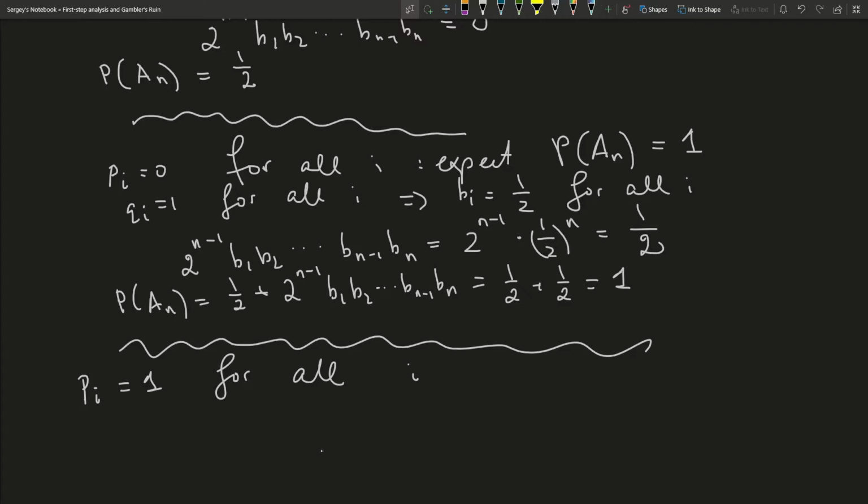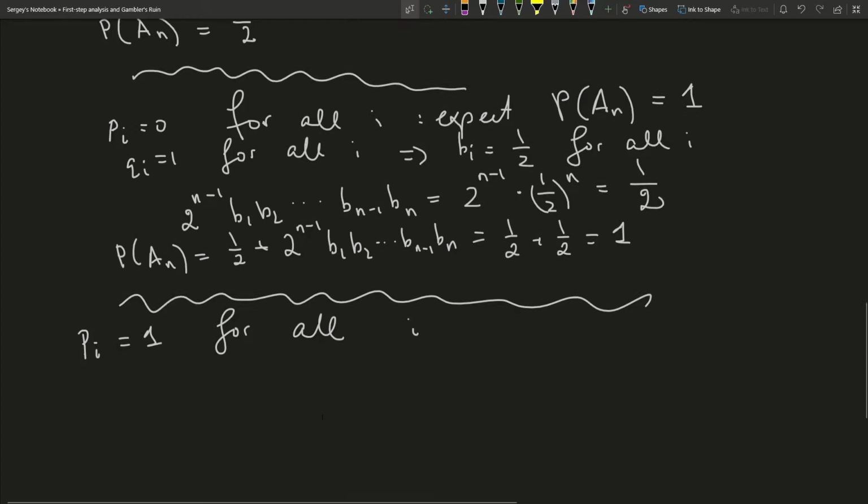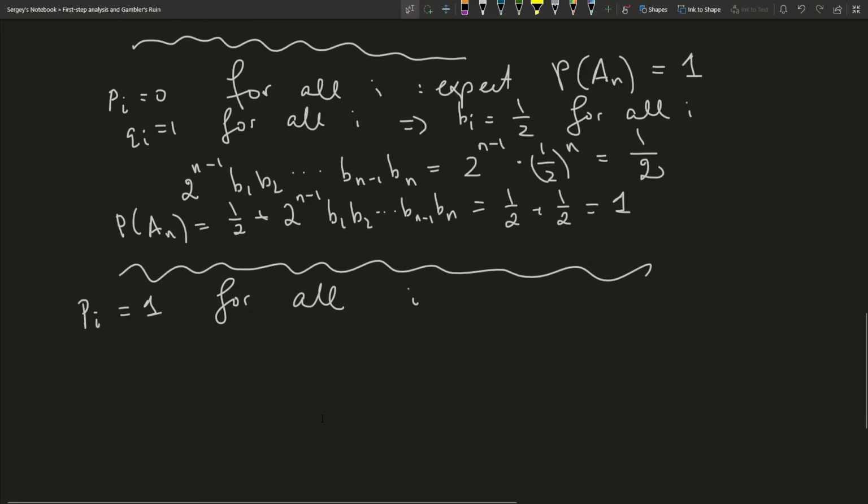Well, it depends, right? It should depend on how many trials we perform. If we perform an even number of trials and all of them succeed, then we'll have an even number of successes. But if we perform an odd number of trials and all of them succeed, then we definitely will not have an even number of successes. So let's see if that's reflected in the answer.